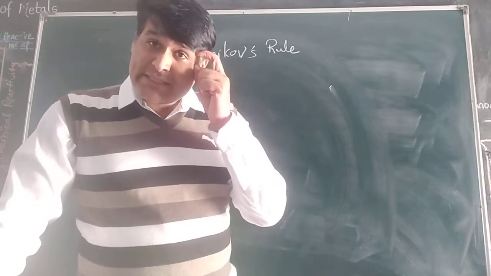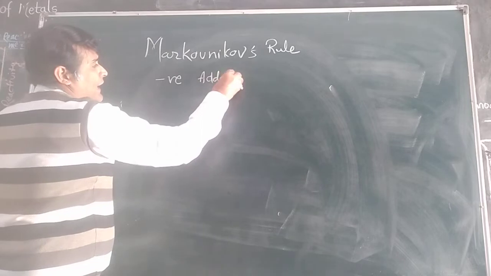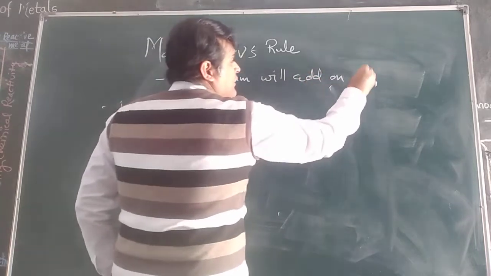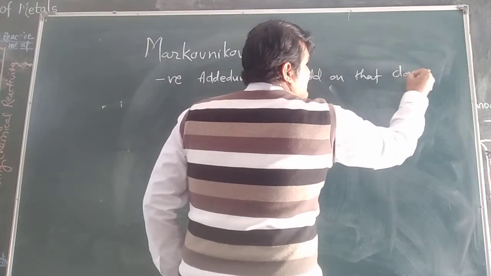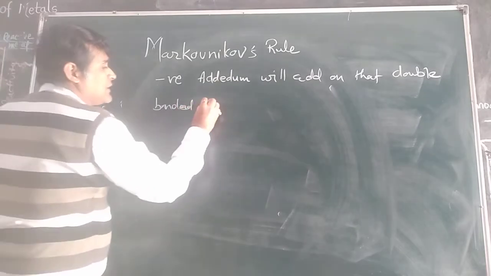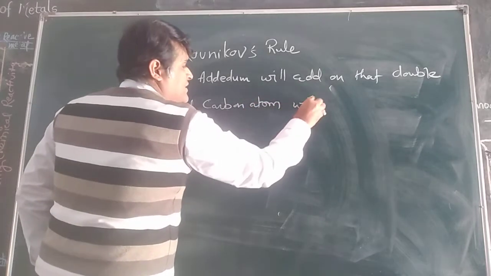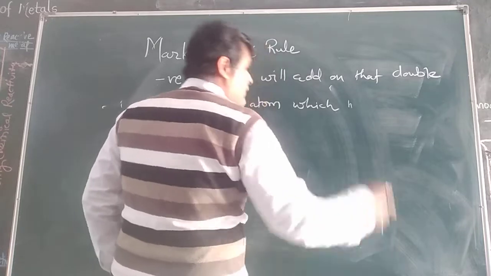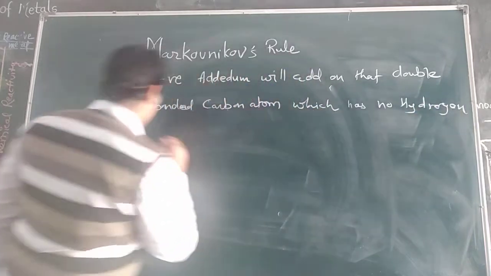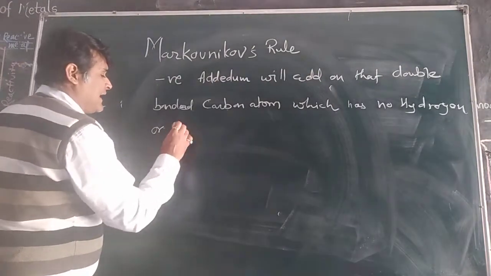Here in my definition, just carefully observe what I have. The negative part of the addendum will add on that double bonded carbon atom which has no hydrogen or less hydrogen.